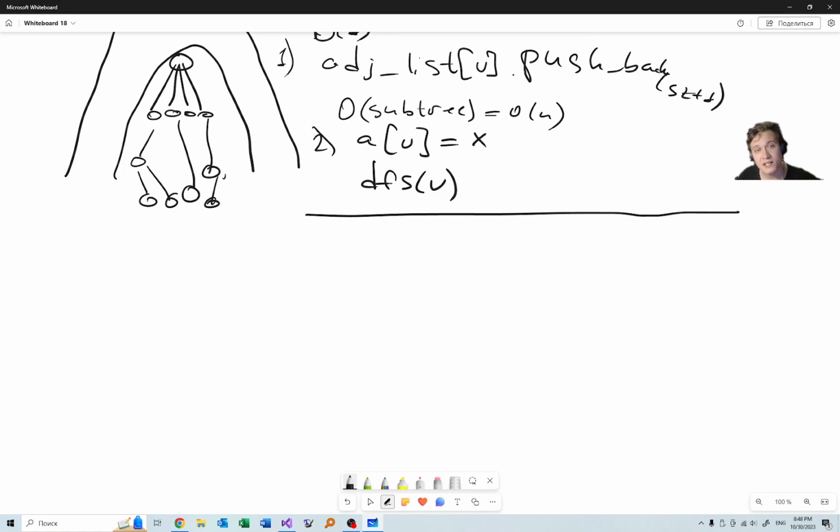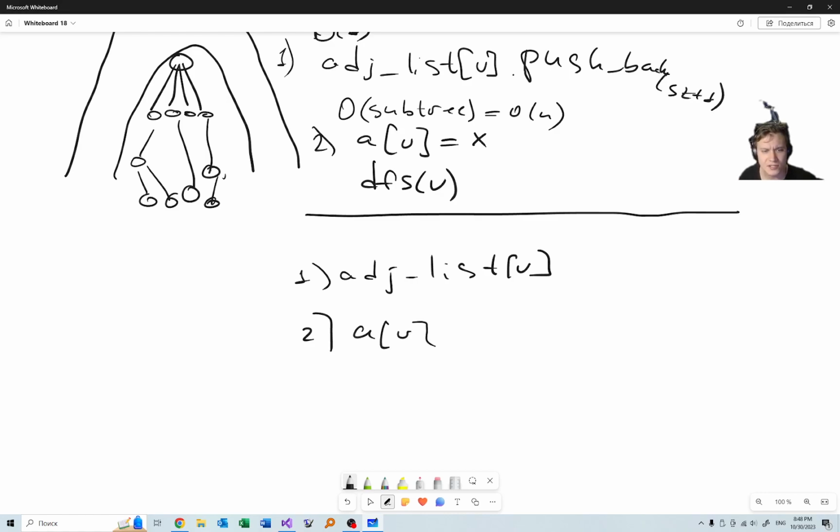Okay, the second way, which is called postponed operations. The first operation is the same. The second operation, you just say a[v] plus equals x, and you do not do anything else. What does it mean?